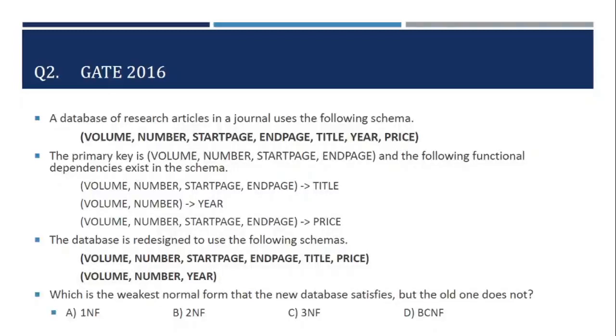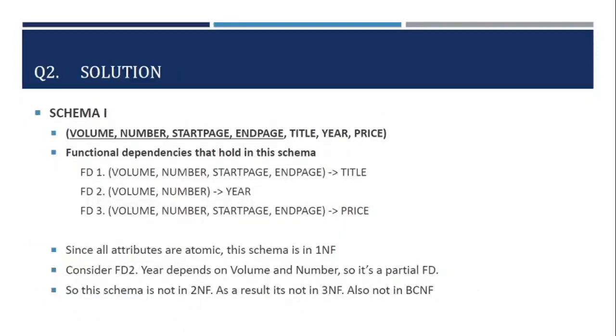Now what do you mean by strongest normal form? So among first normal form, second normal form, third normal form, BCNF, which is the strongest one? It is going to be BCNF. And which is the weakest normal form? Weakest normal form is your first normal form.